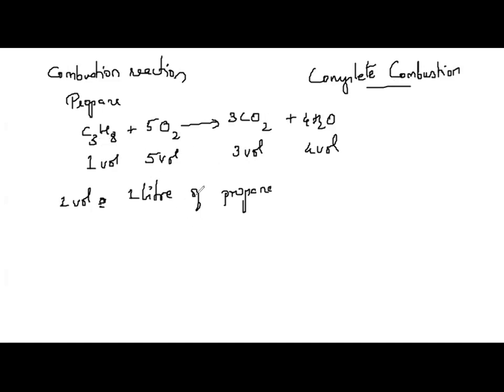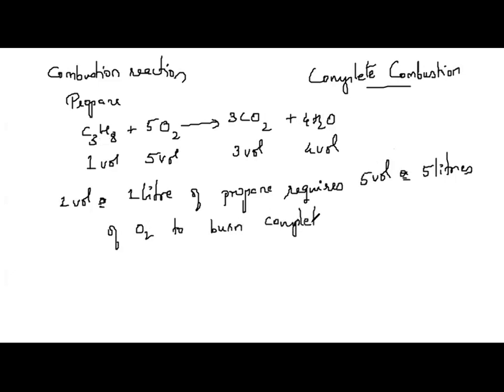So 1 liter of propane requires how much volume? It is 5 volumes, or I can say 5 liters of oxygen to burn completely. Only when there is complete combustion, the products are carbon dioxide and water.